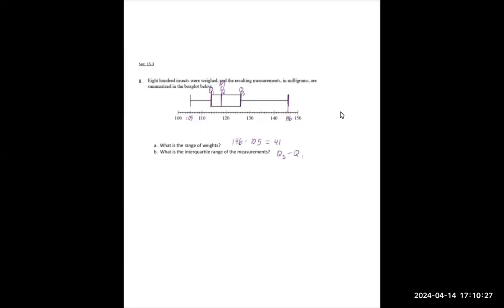So I just had to figure out where these appear to end. This seems to be at 114. And this one I would say is 126. So we'll do 126 minus 114, and that is our interquartile range, which is 12. And there we go.